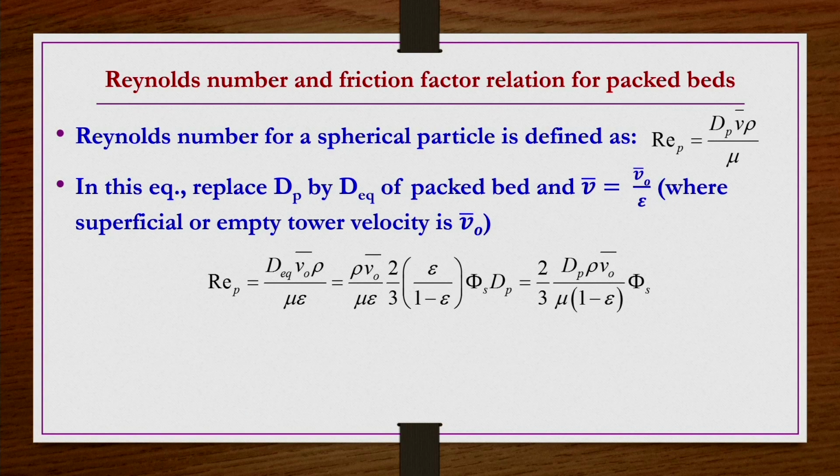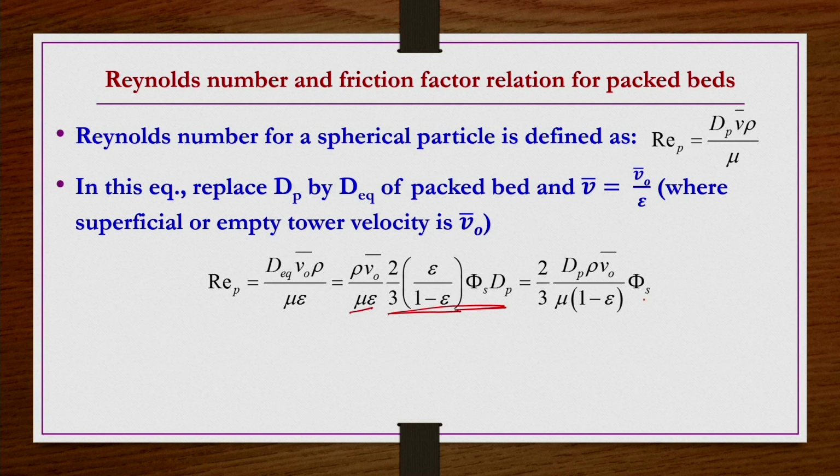So, d equivalent V naught bar rho by mu epsilon we get. So, rho V naught bar by mu epsilon we keep as it is here. Then next, we write the d equivalent expression. The d equivalent expression, which yesterday in the previous lecture we derived, is 2 by 3 multiplied by epsilon by 1 minus epsilon multiplied by phi s dP.